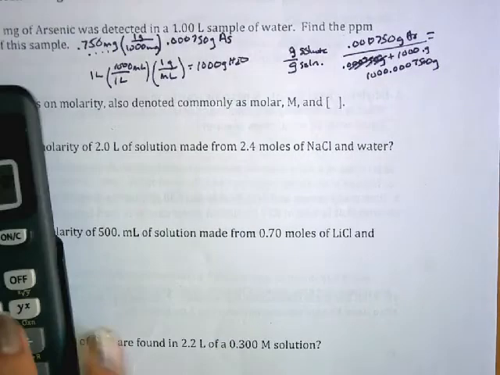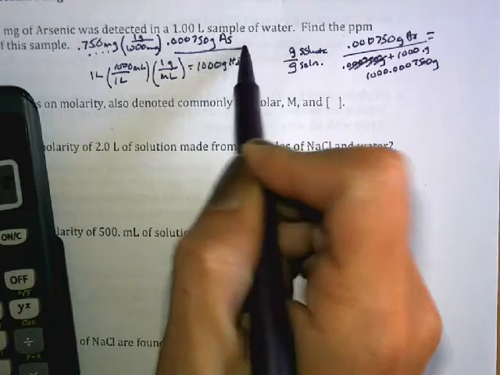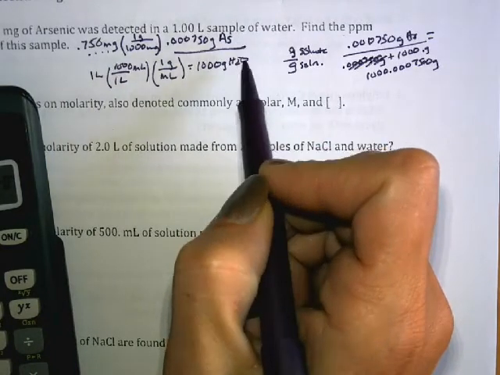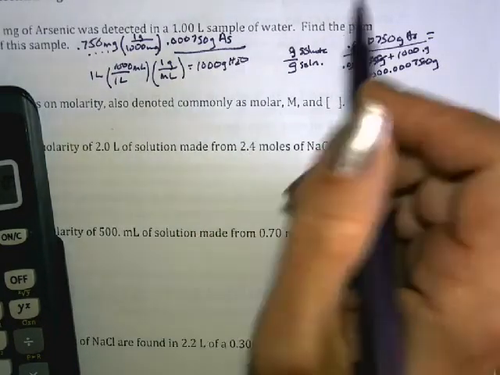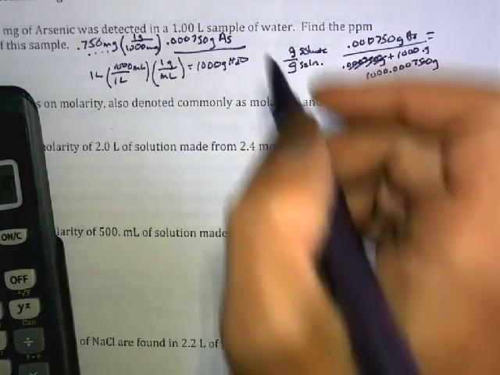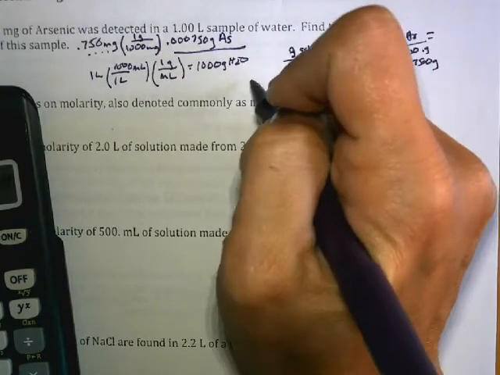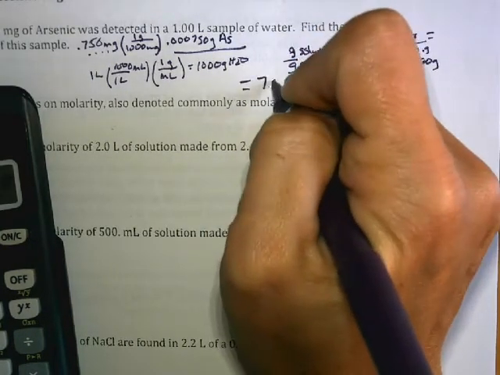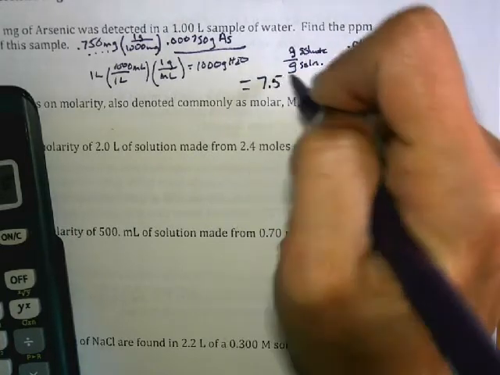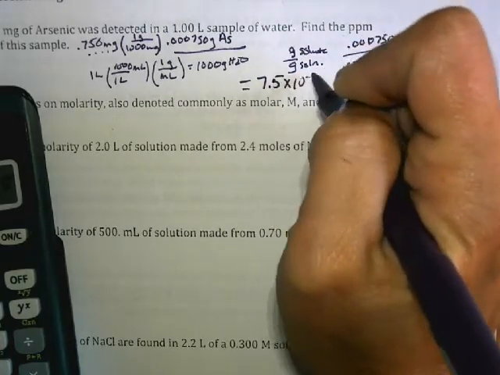So here we've taken the solute divided by the solvent, since we're dealing with such extreme numbers, and we get 7.5 times 10 to the negative 7.